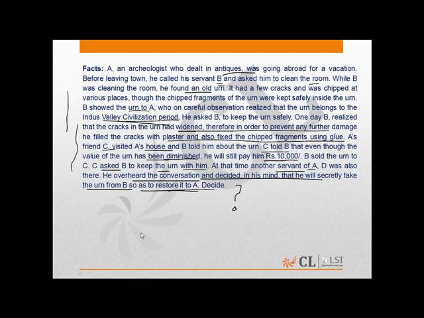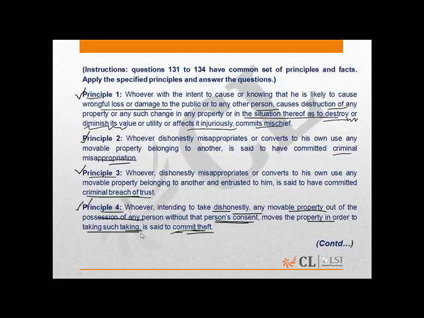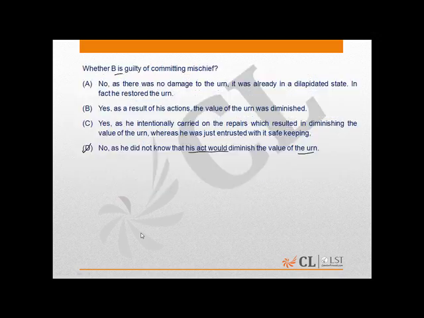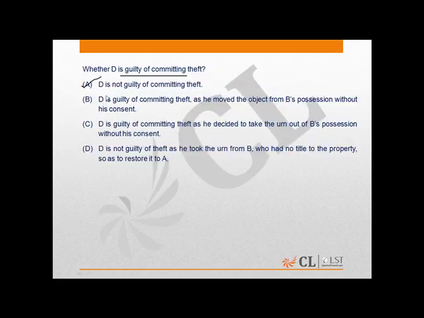However, from the facts we get to know that he never took any property out of the possession. Taking the movable property out of the possession being one of the essential ingredients of theft as defined in principle 4, we can say that it was not satisfied in the present set of facts. Therefore, the correct answer is A, that is, D is not guilty of committing theft.